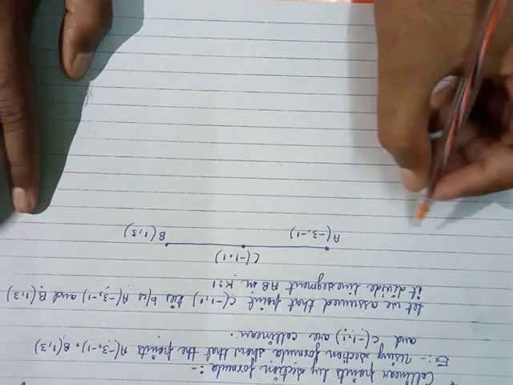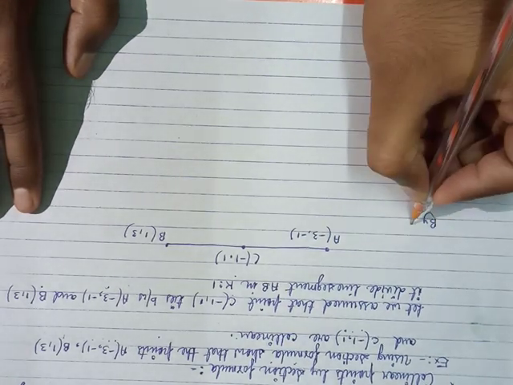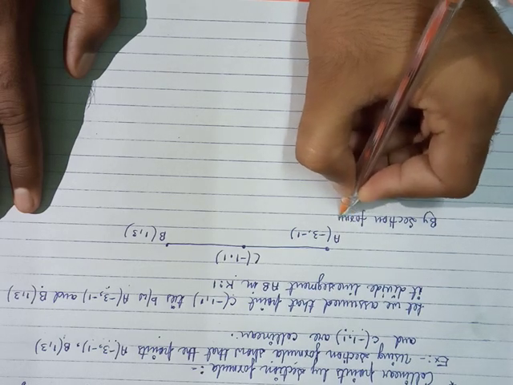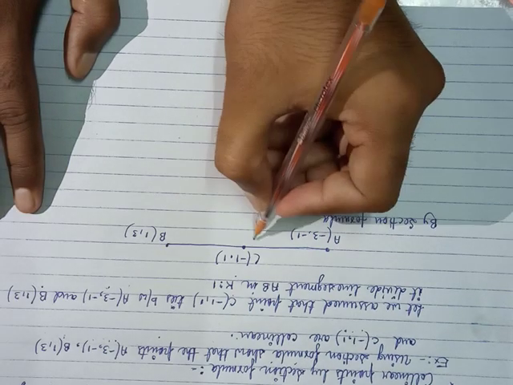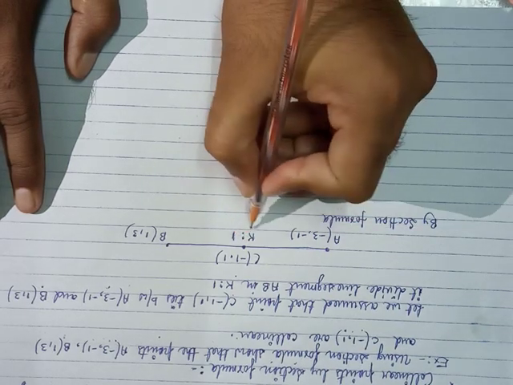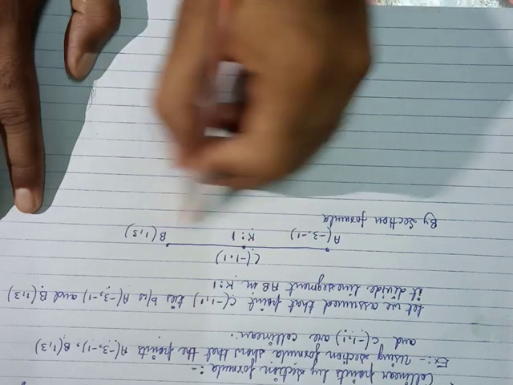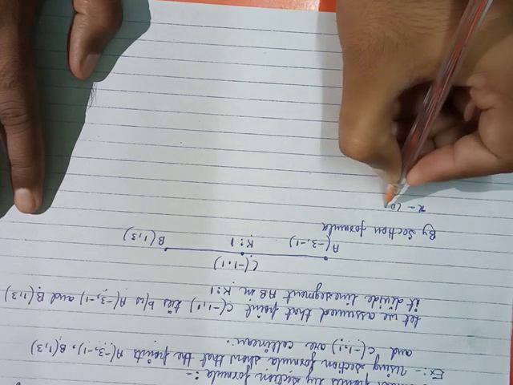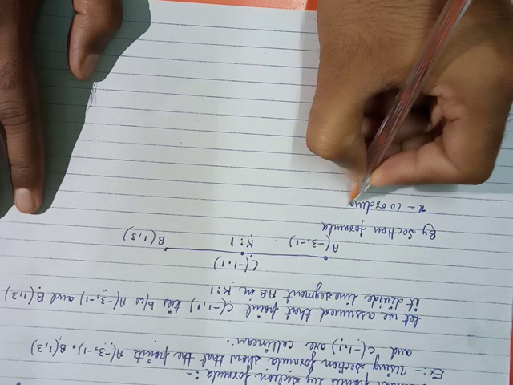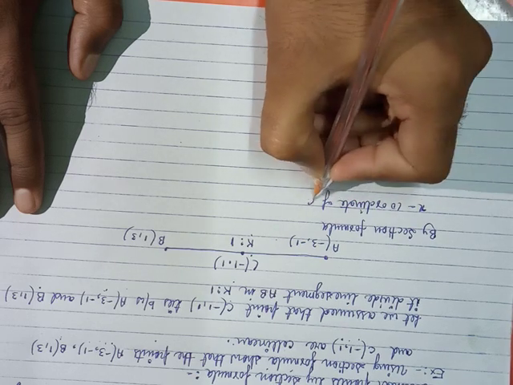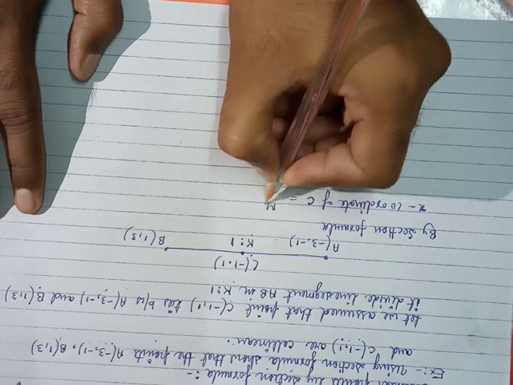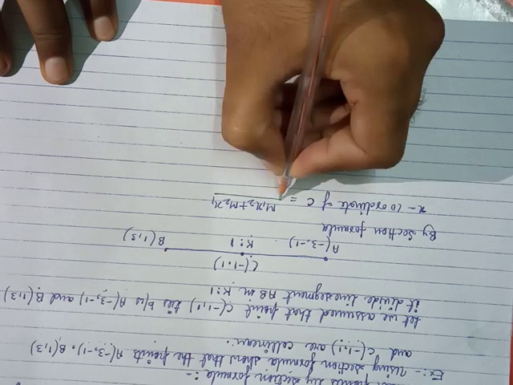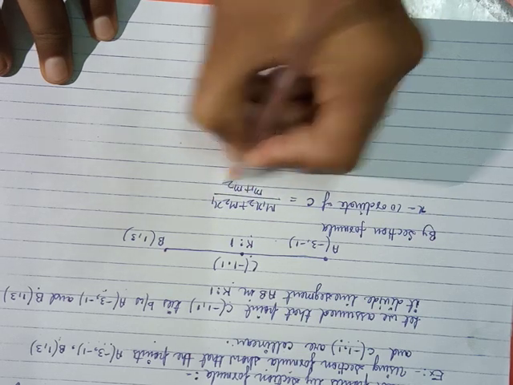By the section formula, we will find in which ratio point C divides line segment AB. So the x coordinate of C will be (m1 x2 + m2 x1) upon (m1 + m2).